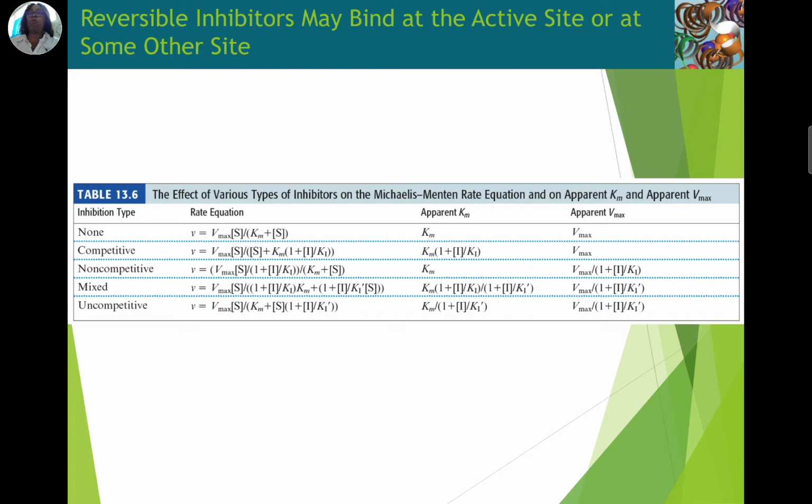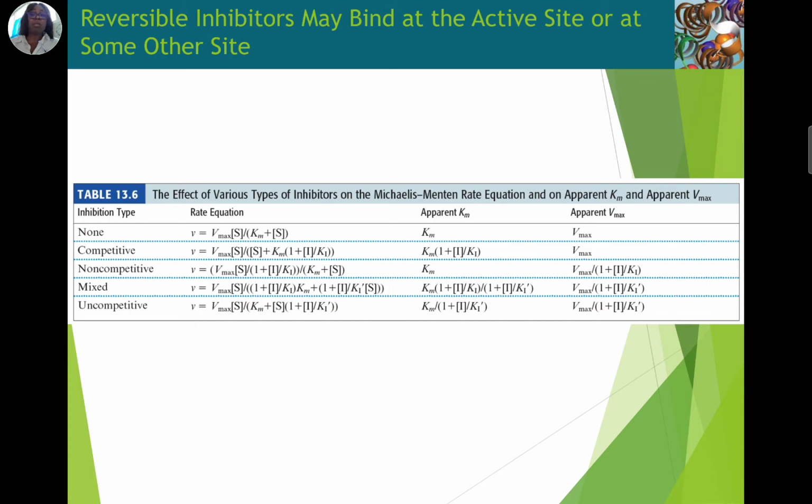If we're speaking about reversible inhibitors, they can bind either at the active site or at another site on the enzyme unit. So if we have no competition, notice that we get Km and Vmax. That will be our baseline. If we have competitive inhibition, notice that the apparent Km has changed, but Vmax is unaffected. If we have non-competitive inhibition, this time Vmax is affected, but Km is not.